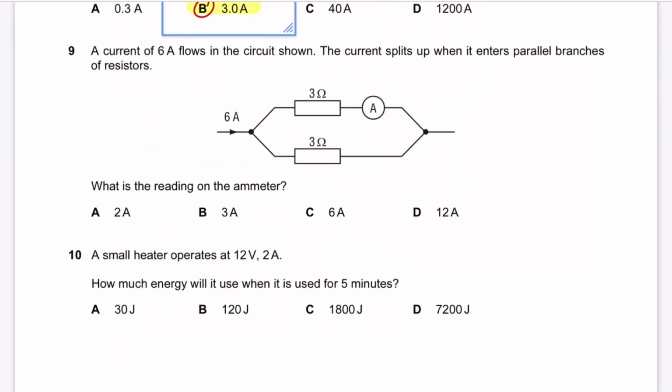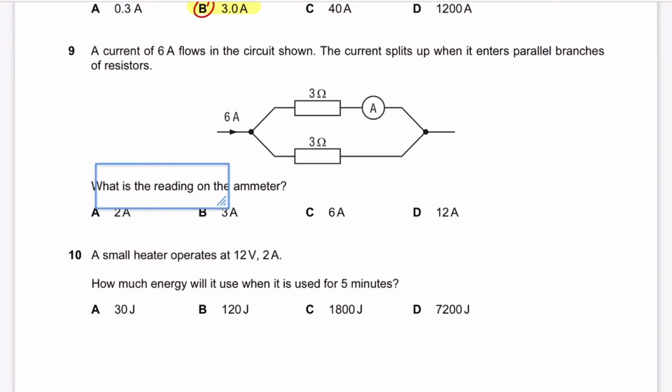Next, question 9. Alright, next. Question 9. A current of 6 amperes flows in this circuit shown. The current splits up when it enters a parallel branches of resistors, as you can see here.